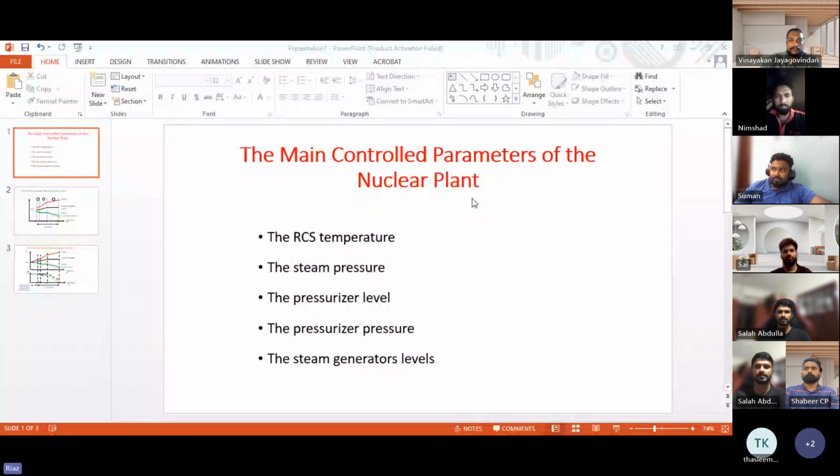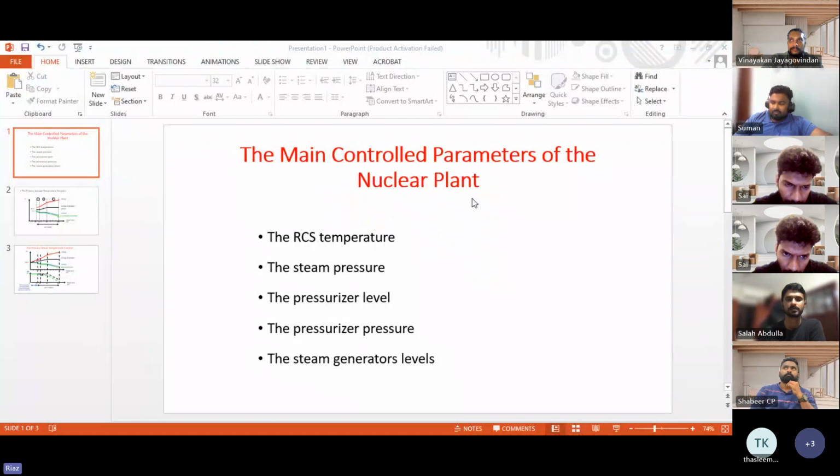To get the real-time parameters, we are using some process elements like thermocouples to get the temperatures, like all other variables. We are using some elements to get the respective variables. So I think you guys got an idea about what a process variable is and what a process element is.